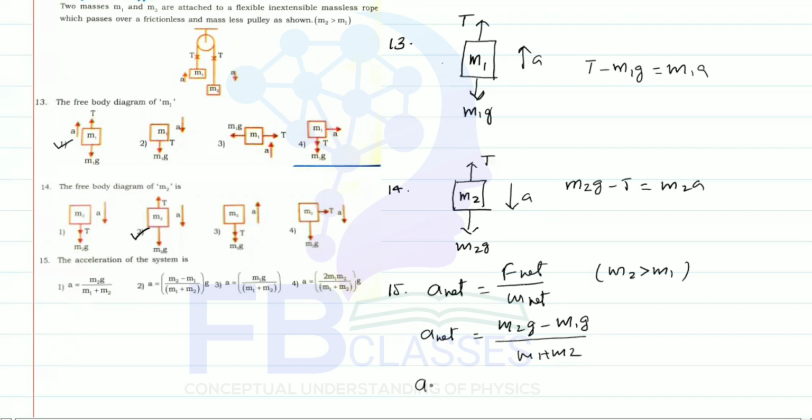So if we take G common, A net is equal to M2 minus M1 upon M1 plus M2 into G. So this is the answer, A net. Do you understand? So it is very easy, no need to worry about it. Okay, here the second option is the correct answer, right?